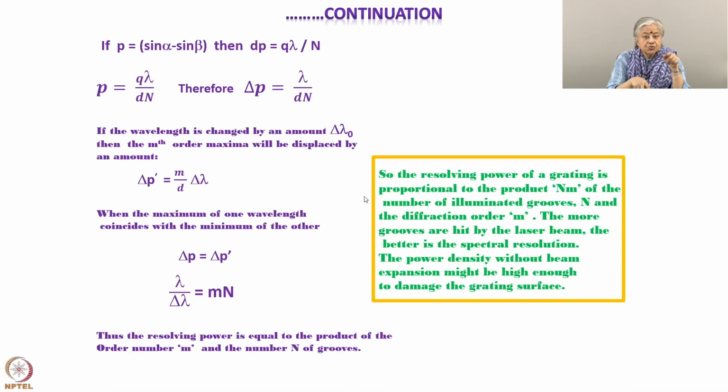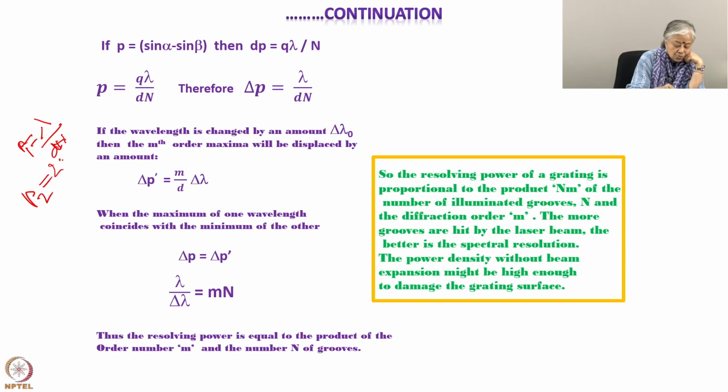So, P is q lambda by dn. Now, suppose q takes values 1, 2, 3, 4. So I put q as 1, then P1 is equal to lambda by dn, and P2, suppose I put q as 2, is equal to 2 lambda by dn.